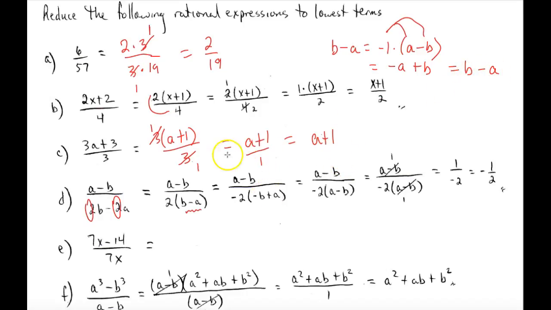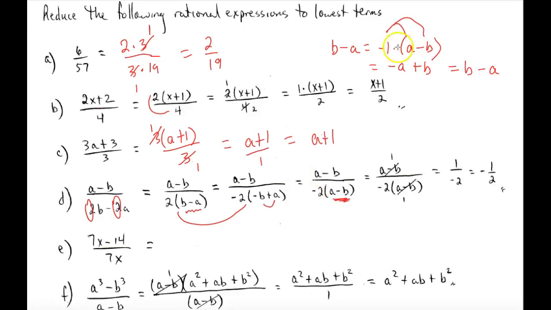And so from there, if you notice, I factor out a -1 coming from here to here, which leaves me with negative b plus a. And of course, if I use the commutative property, I will switch this around and thus make it a minus b.